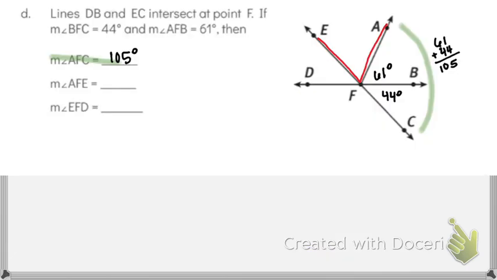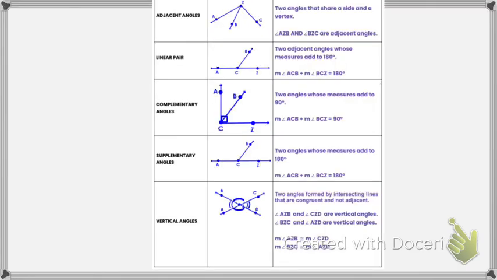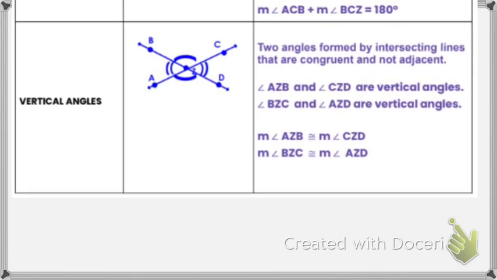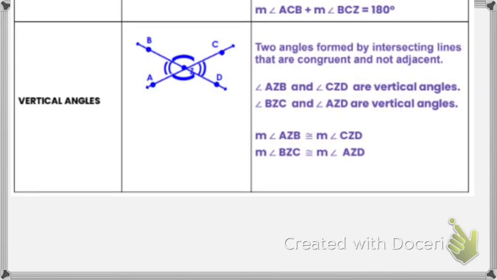Now, real quick with this type of question, there really isn't a lot of information that I have to get that one right here. So before I start with this one, let me do something that's a little bit easier. I do just want to talk about vertical angles really quick. In class, we talked about that vertical angles were formed by 2 intersecting lines, and I mentioned to you that we were going to work with this later.